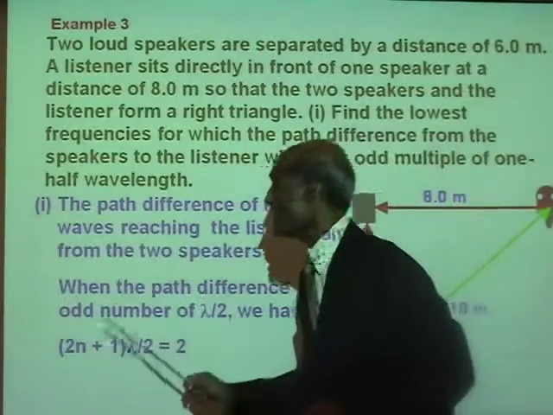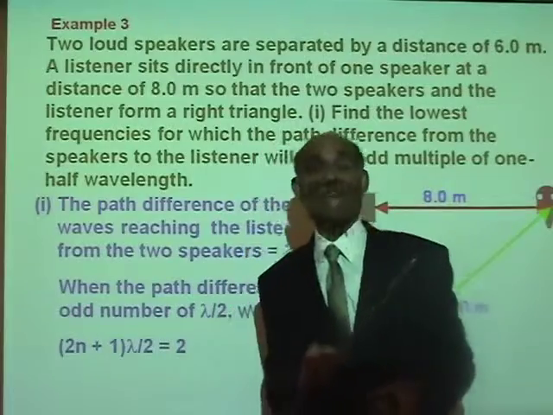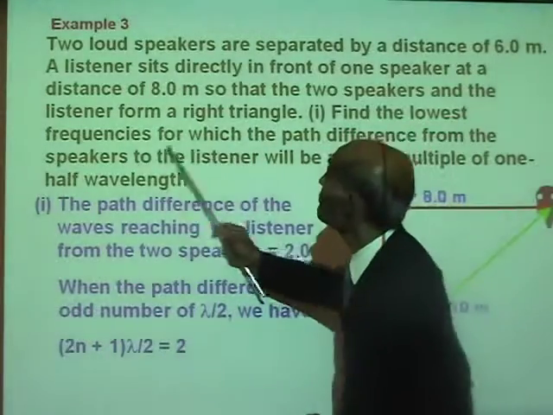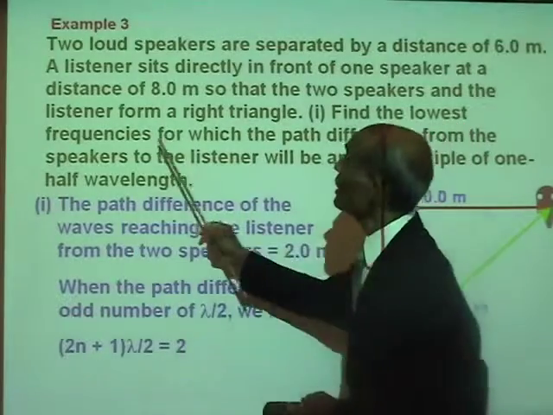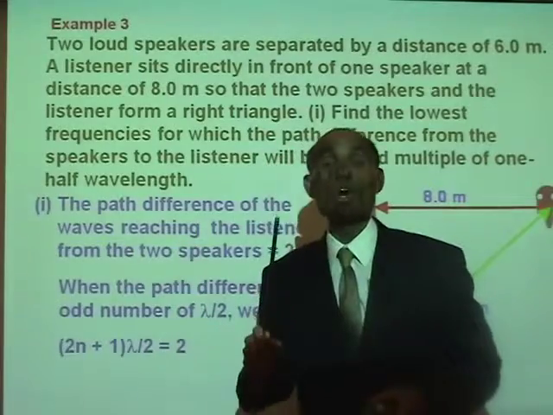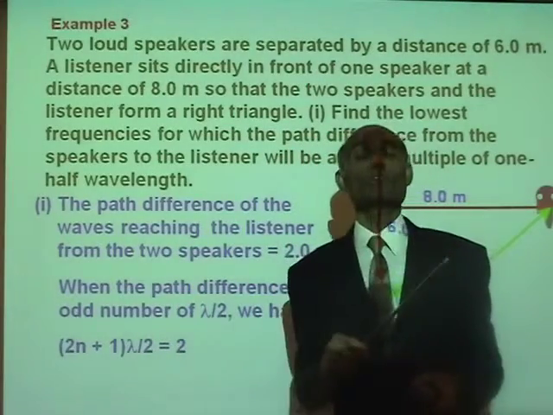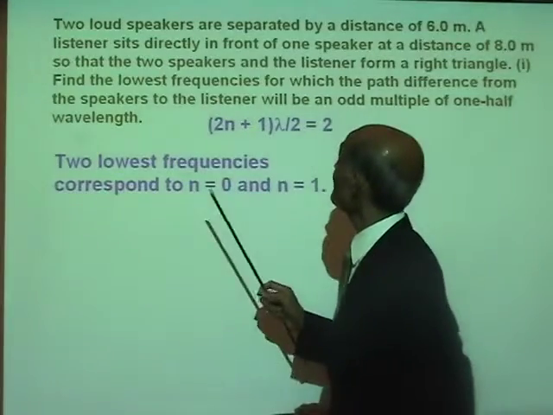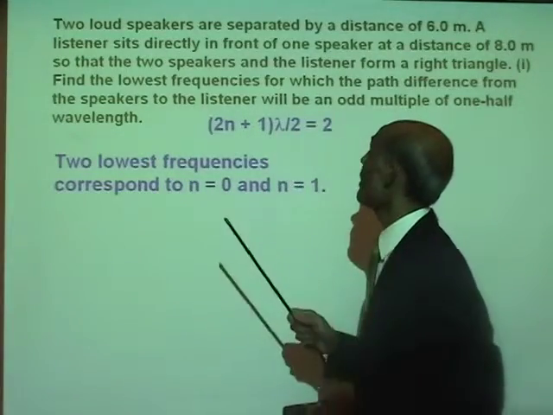Now, what is the smallest value of n? We are supposed to find the lowest frequencies. Now, the lowest frequency occurs when n, the integer, has the lowest value. What's the lowest value of n? Well, the lowest value of n is 0.